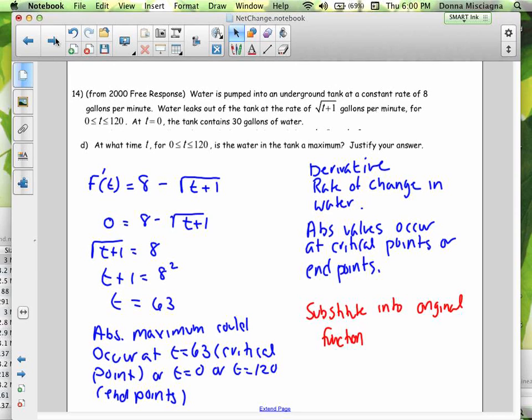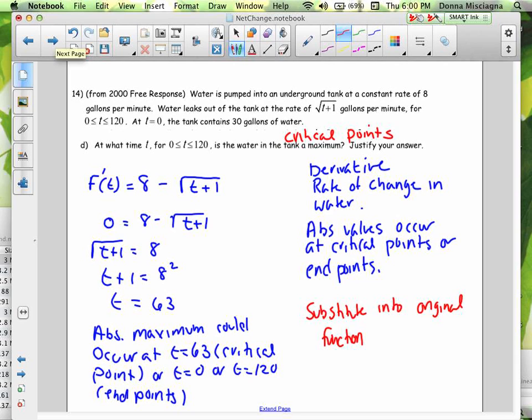To find your critical point, you have the derivative. You set the derivative equal to 0. So if it asks for a maximum, remember to find your critical points. And this is just your extreme value theorem. You're evaluating at the endpoints and the critical points.